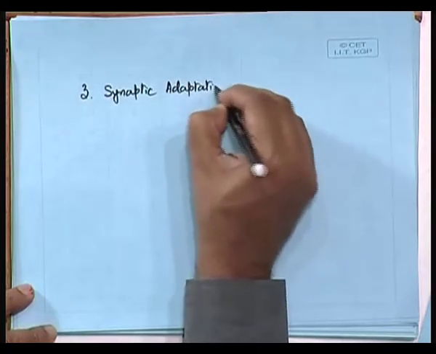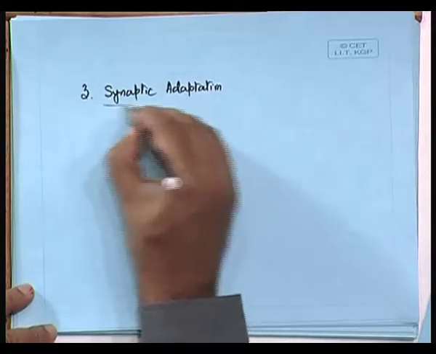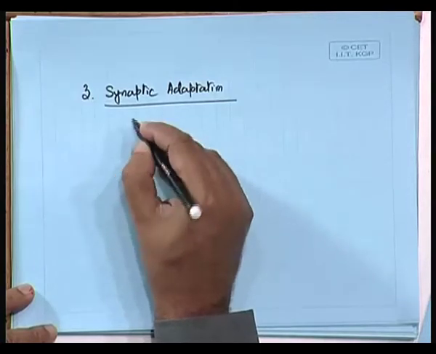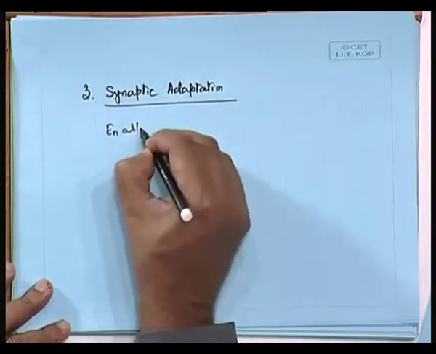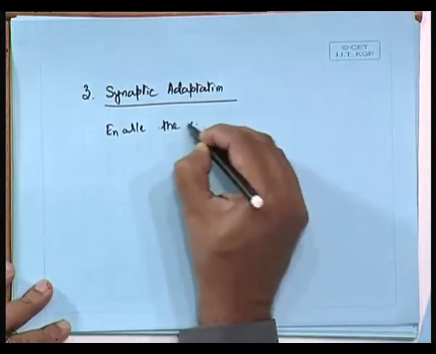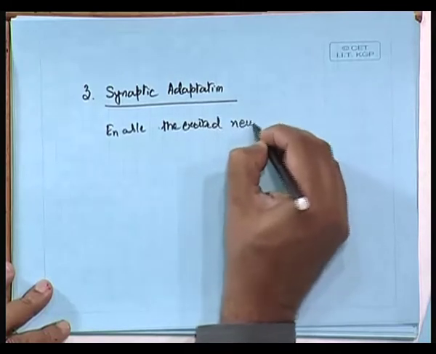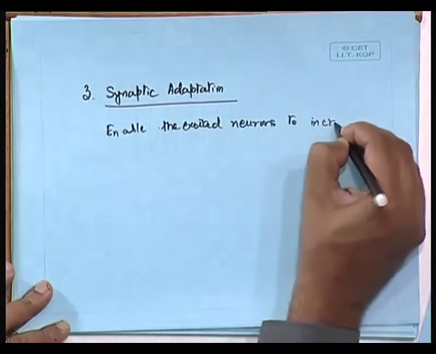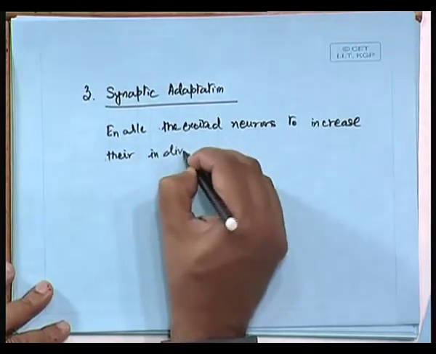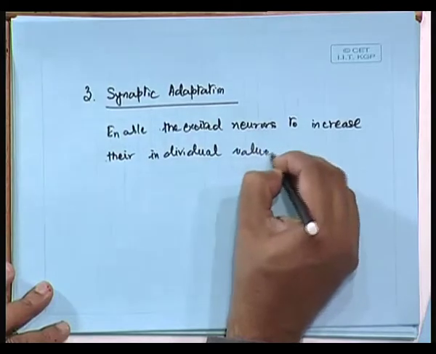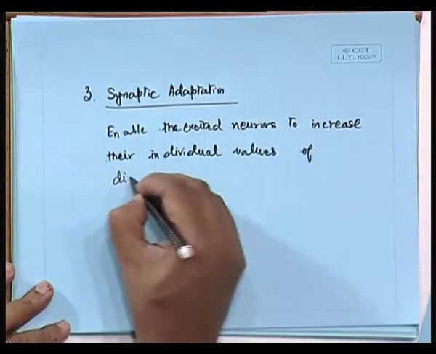What it means is that it enables the excited neurons to increase their individual values of discriminant function in relation to the input pattern, in response to the stimulus which has caused the winning of the neuron.